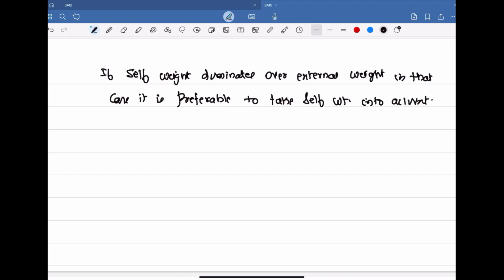First point. What happens if self weight is taken into consideration?